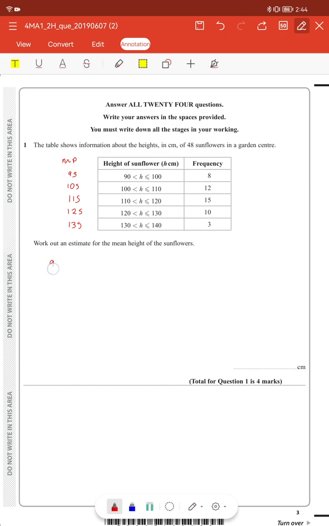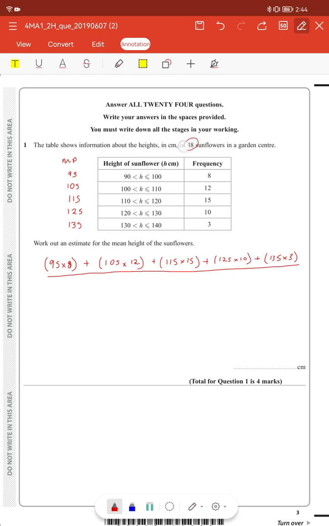135. And what we want to do is 95 times 8 plus 105 times 12 plus 115 times 15 plus 125 times 10 plus 135 times 3, and we want to divide that by the total frequency.